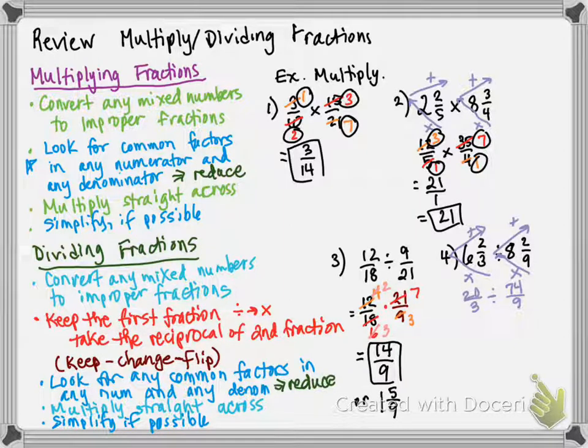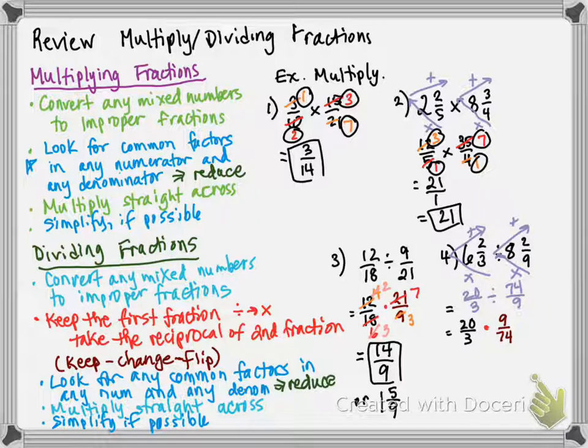Now I'm going to keep the first fraction, and I get 20/3. I'm going to change the operation to multiplication, and I'm going to take the reciprocal of the second fraction. So I get 9/74.